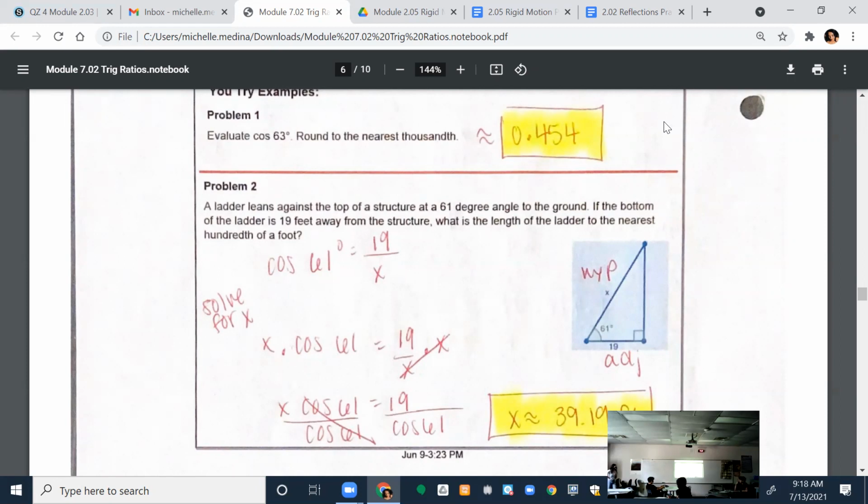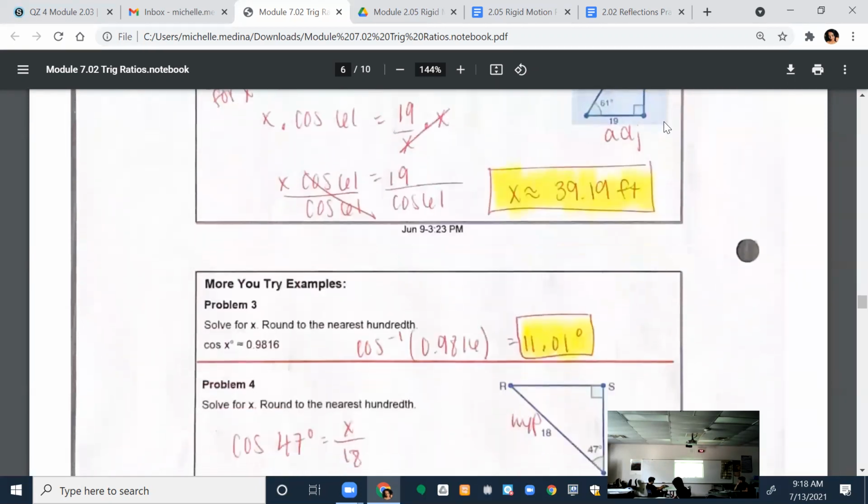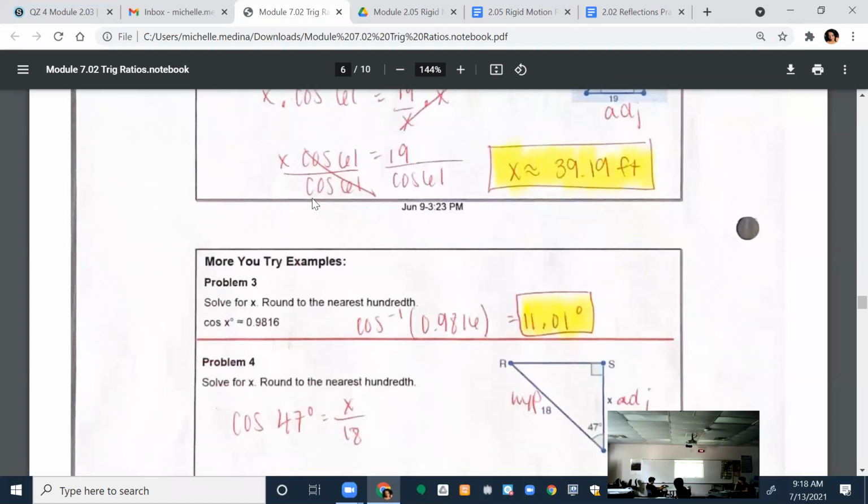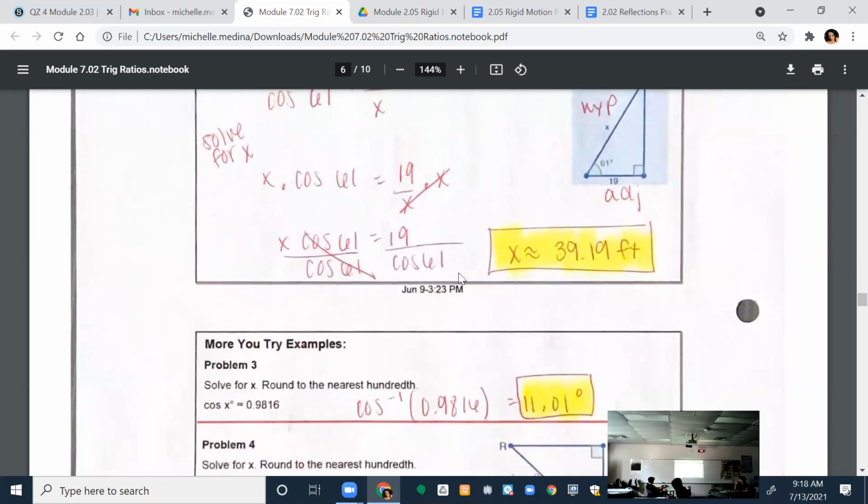Keep going a little bit more to isolate it. The opposite of multiplying by cosine 61 would be to divide by cosine 61. So that's what's down here. Then you enter what's on the right side into your calculator: 19 divided by cosine of 61.